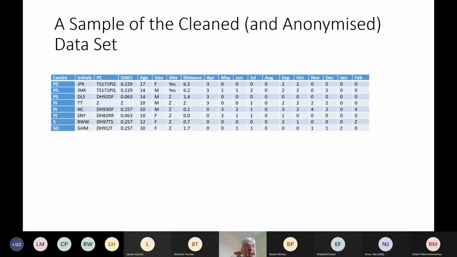We also generally had age, male or female, whether they had siblings, distance from their home postcode to the nearest youth centre, and then the number of times they attended across each month in the year, 2019 to 2020. Okay, so that was the set. It needed a bit of cleaning up and anonymising.